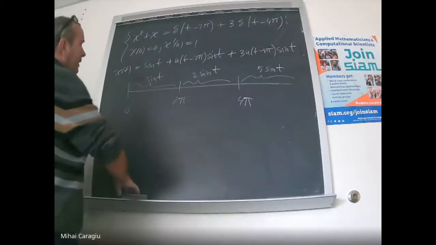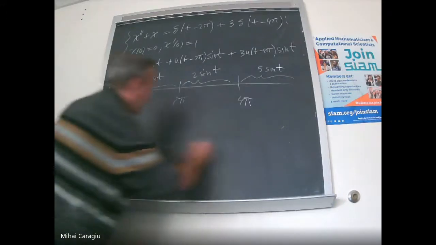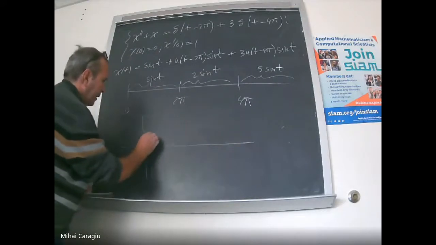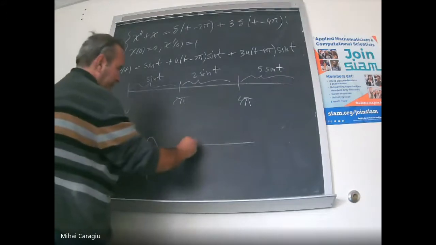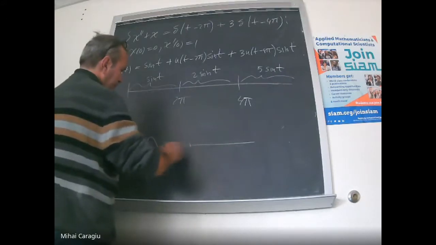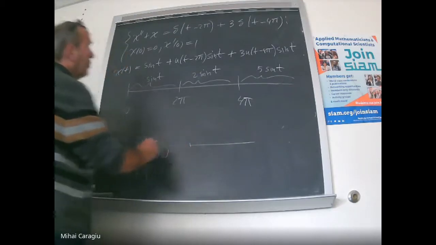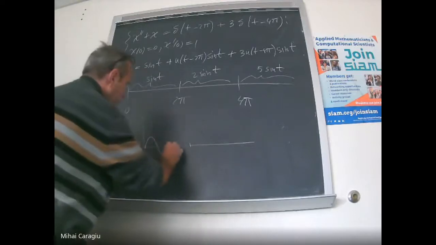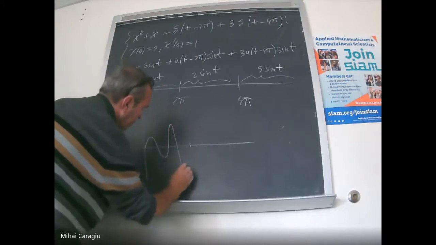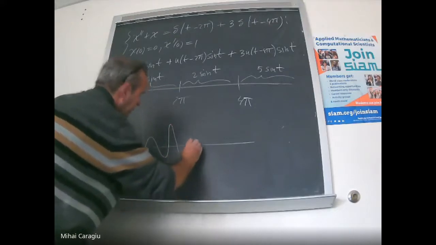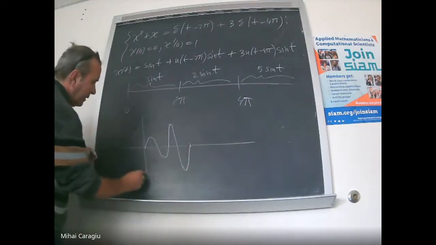So let's see a graph here. Okay, so anyways, let's try to be smaller here. Between 0 and 2 pi, we get sine t. Between 2 pi and 4 pi, we put here 2 pi, 4 pi. Right? Between 2 pi and 4 pi, we get a double amplitude. Like this. So this is a double amplitude, 2 here, minus 2 here.